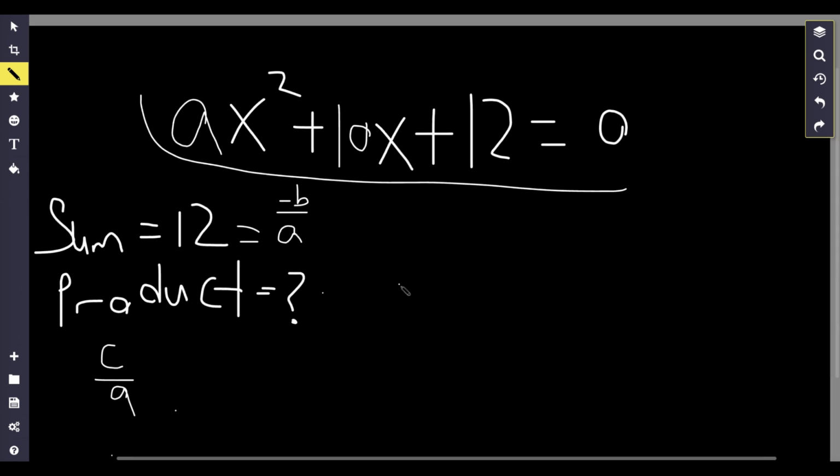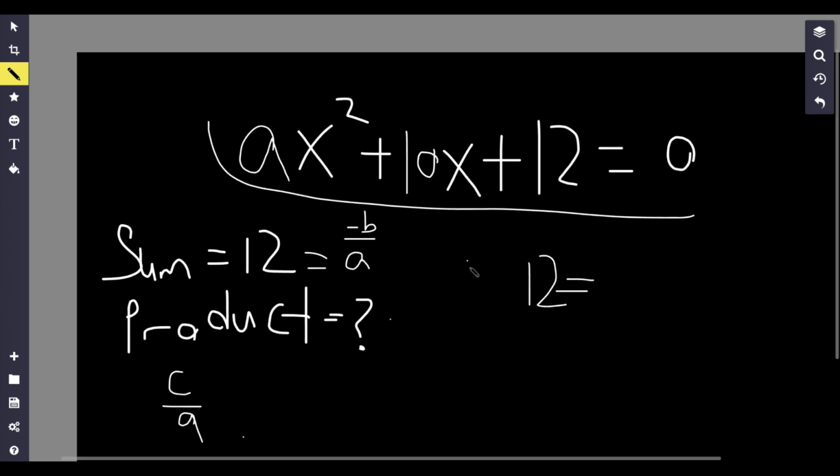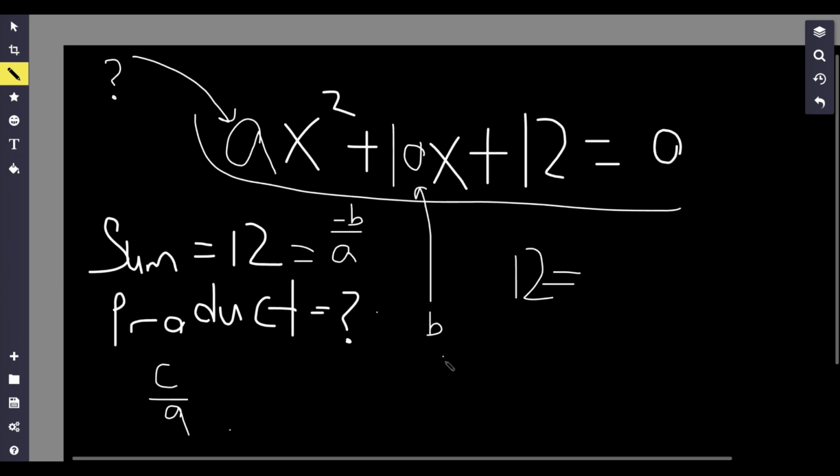We know that the sum of the roots is equal to 12, and the equation for it is negative b over a. Now we know our b value is equal to 10, but we don't know what our a value is. So we can just say that 12 is equal to negative b, so negative 10 over a.